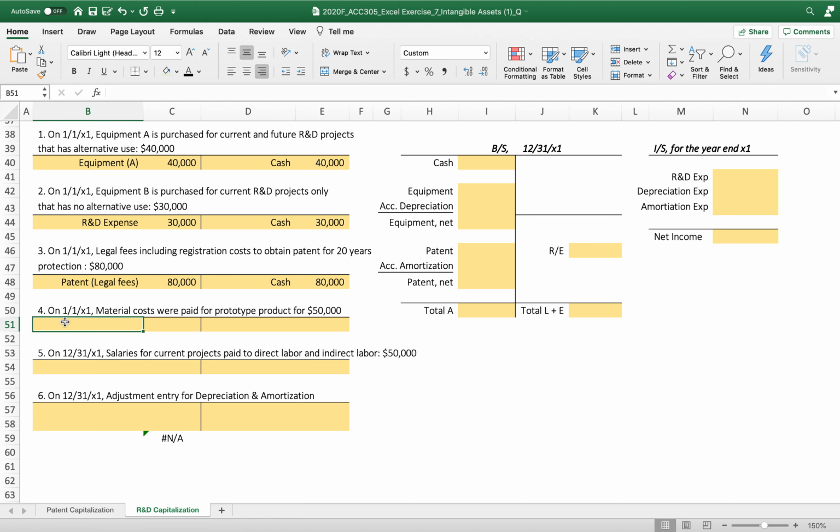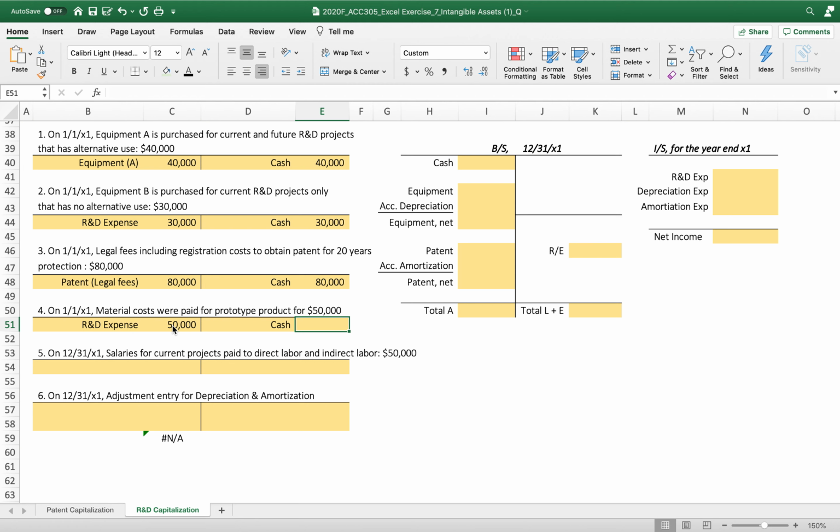Then material costs were paid for a prototype product for $50,000. So the material cost now is for the prototype product. So that is now R&D expense. So $50,000. And then cash out $50,000.